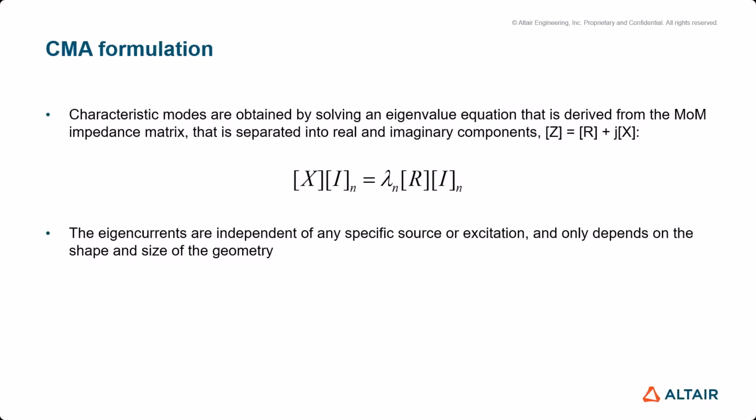Important to note again that this is independent of any excitation. It only depends on the physical shape and size of the geometry. So we basically obtain a set of current solutions that is natively or naturally supported by the structure without even considering potential excitations for them.